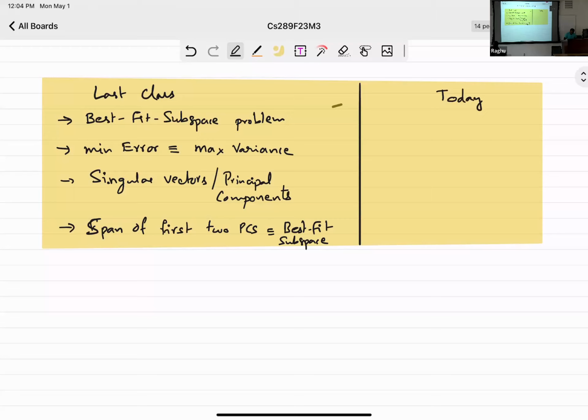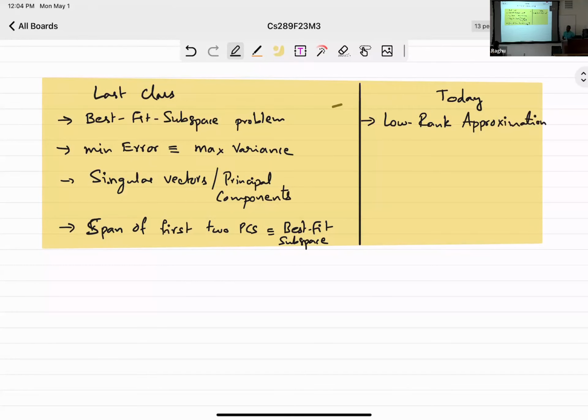Okay, so today what I want to do is review this last step once. Why does looking at the span of the first two solve the problem? And then we are going to start talking about a different looking problem, and this is the low rank approximation problem.